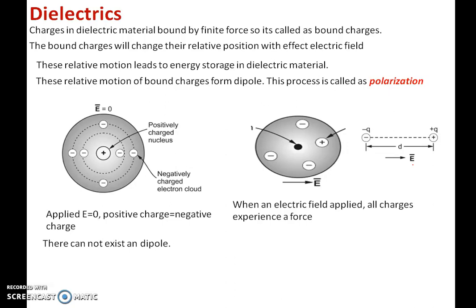When there is a formation of the dipole, as we saw in the first part of the second module, there is an electric field intensity produced from this dipole. It will be in the direction opposite to the applied electric field.